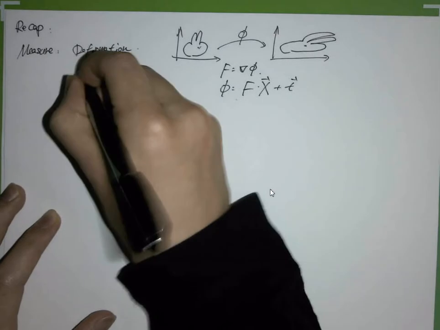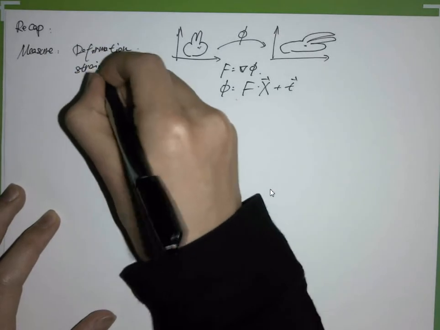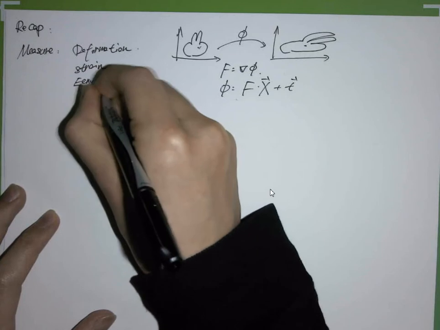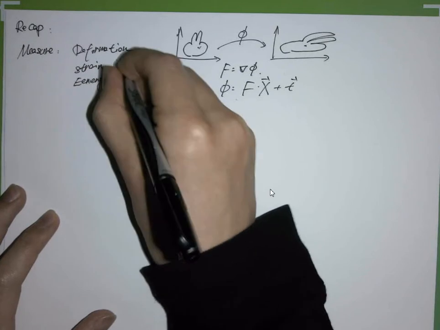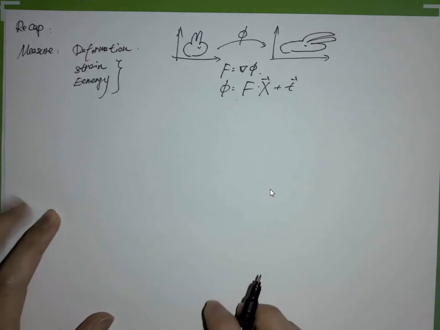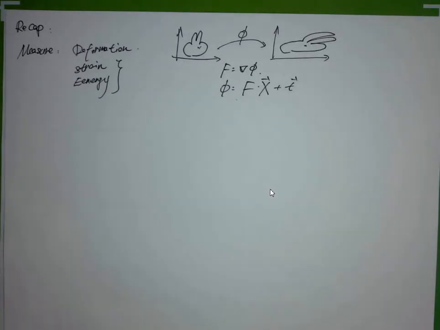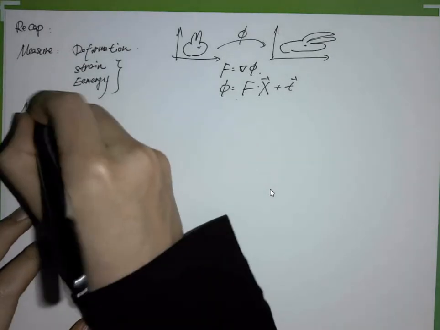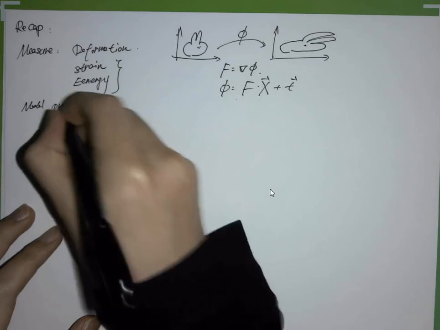And also, we have lots of models to measure the strain and energy. So we have really different models, like the linear elasticity model, corotated linear elasticity model, the Saint Venant-Kirchhoff model, and the Neo-Hookean models. And we know some model properties that we may or may not want.